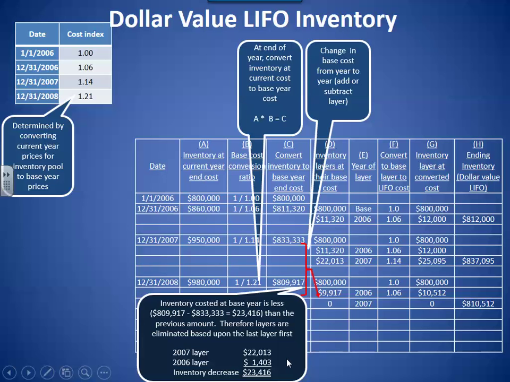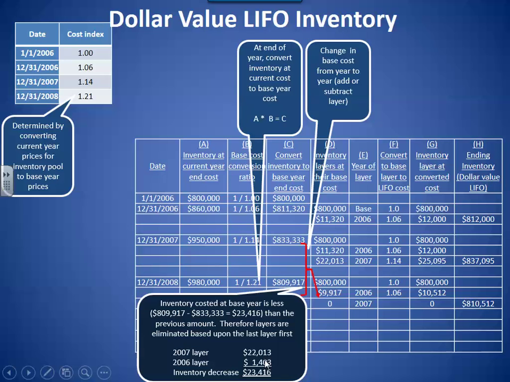Therefore, we're going to have to eliminate certain inventory layers because we're eating into those layers. Since we're using LIFO, we eliminate the last layers that came in first. So we're going to take the 2007 layer, the $22,013, and eliminate that entire layer, and now 2007 will be equal to 0.